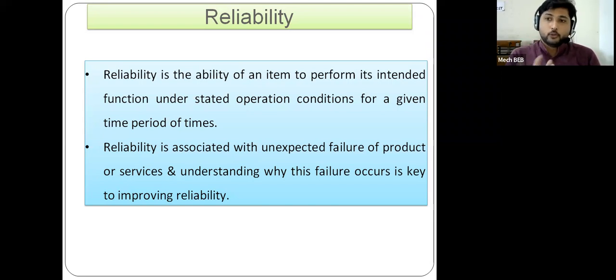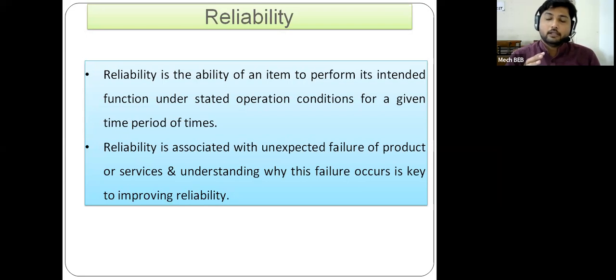Now the product may fail, or it will not perform that task, because some fault happens in the functionality of that particular product. It happens because of a fault due to some malfunction, or the product will not perform the desired task for the given time period, or it will fail during working hours. That is an unexpected thing happening to the product.